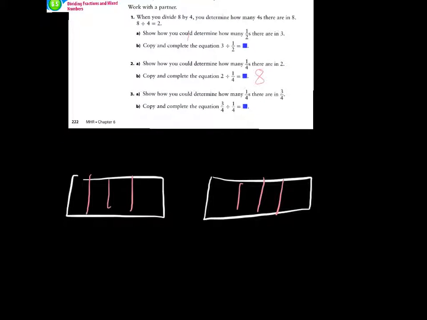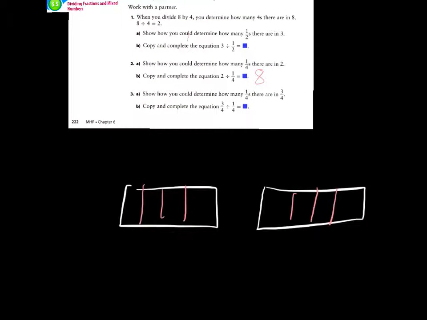Now the last one's a little bit different, but it's actually even easier. So let's shrink that over there, and let's get rid of those. See you later, quarters. Question number 3 asks us how many quarters are in 3 quarters. Believe it or not, the answer is actually right in the question.